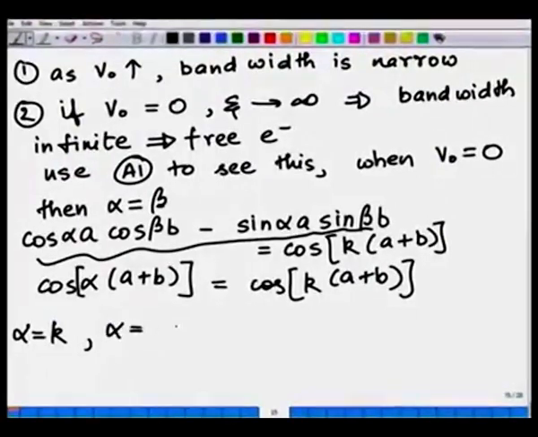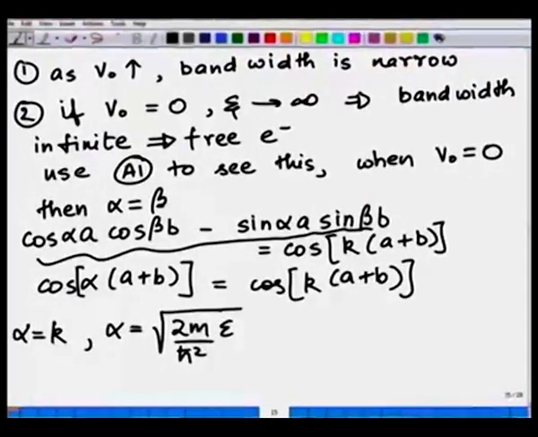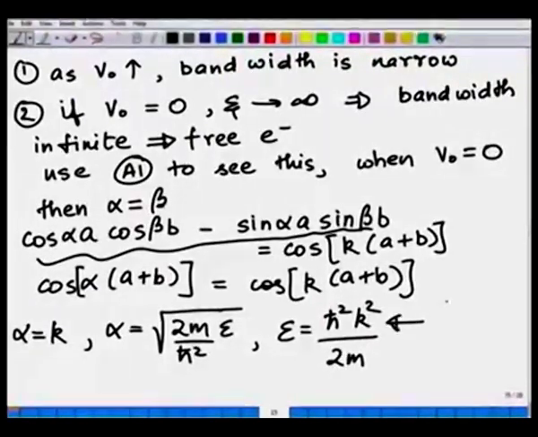And what is alpha? The definition of alpha is, remember, 2m by h bar square times energy. Since alpha is equal to k, I can now write energy equal to h bar square by 2m k square, which is what the free electron case was.